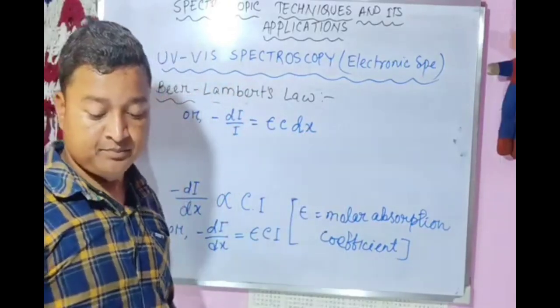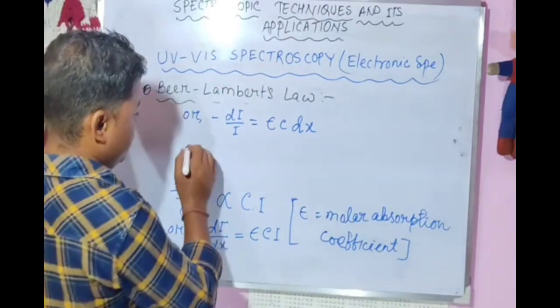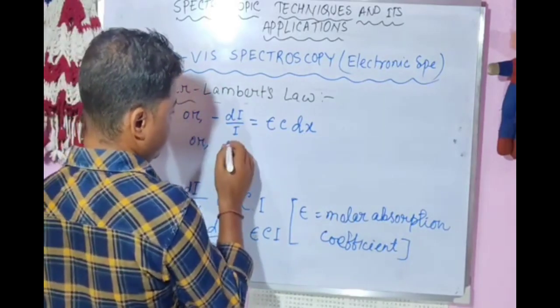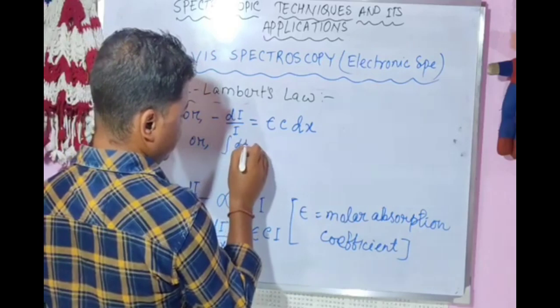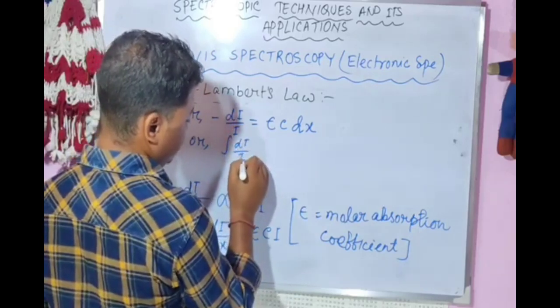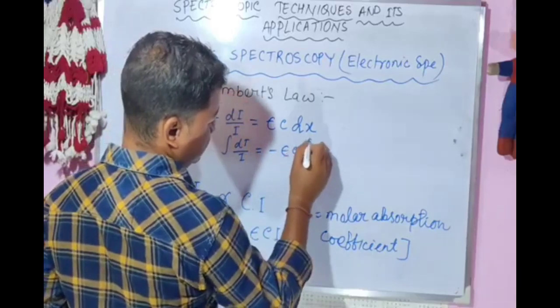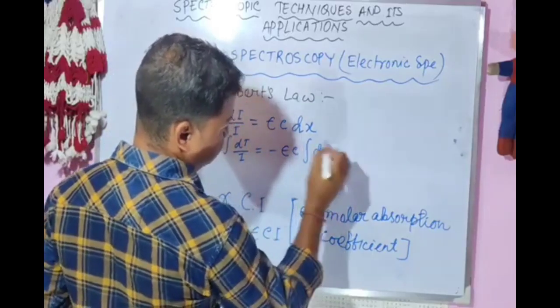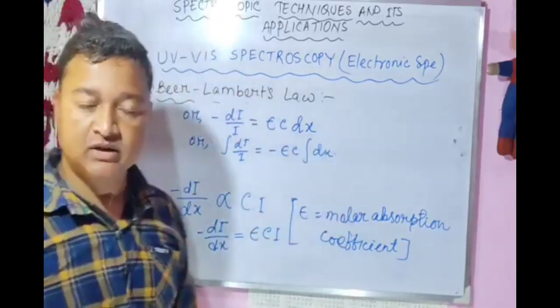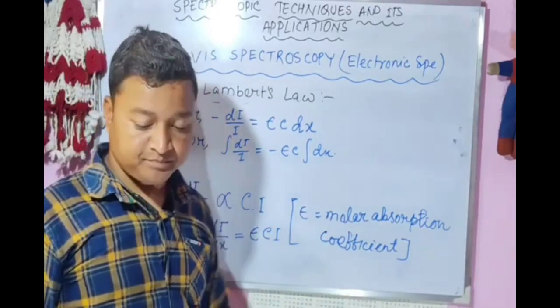Integrating, dI by I equals minus epsilon C dx.